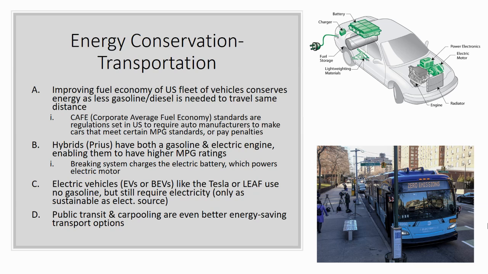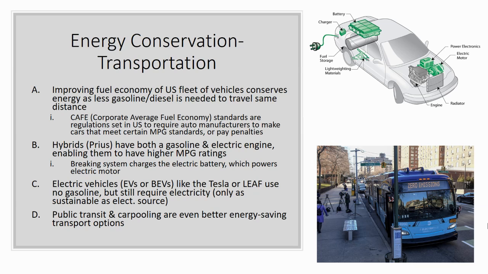The actual CAFE standards, which are corporate average fuel economy standards, are regulations set in the US, and this requires auto manufacturers to make cars that meet a certain miles per gallon standard or potentially pay penalties. If you are purchasing or leasing a car soon, that's something you can actually look at.